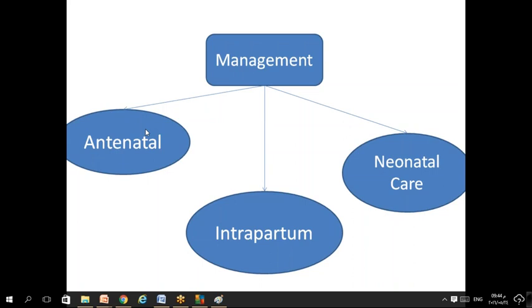Antenatal. What do you need to do antenatal? According to the cause of the polyhydramnios. If we are dealing with idiopathic, for example, and you find that there are maternal pressure symptoms like dyspnea, like orthopnea, okay, amnio reduction.